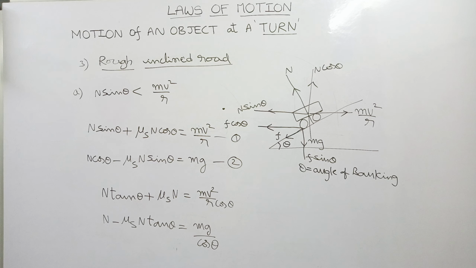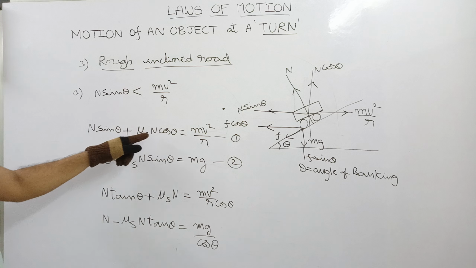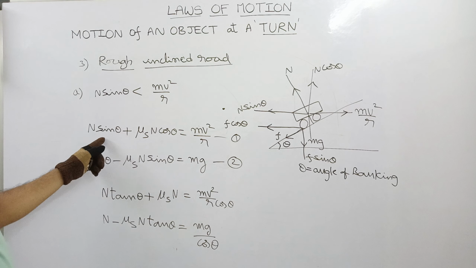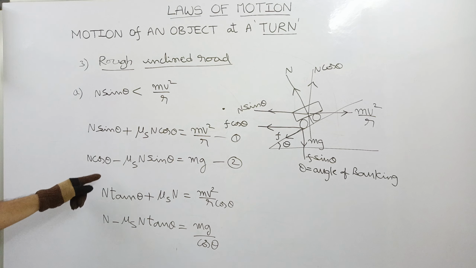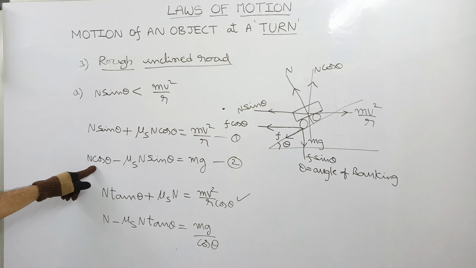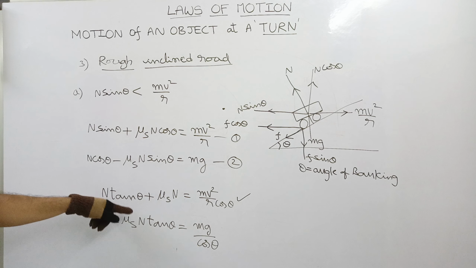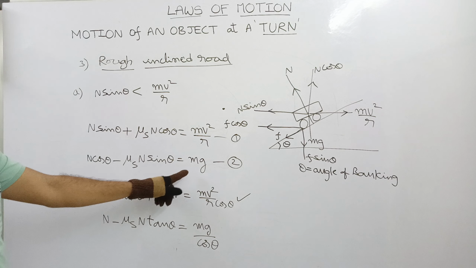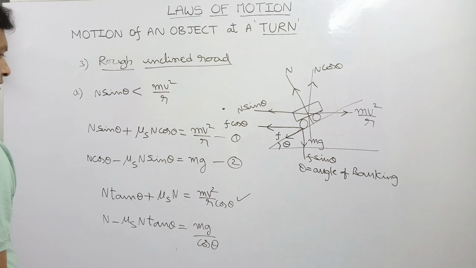So here, see what I have done, I will explain. For equation 1 I have divided LHS and RHS with cos theta. So it has transformed into this equation. I divided equation 2 with cos theta again, and it has become n minus mu s n tan theta, because sin theta by cos theta is tan theta, and this is mg by cos theta.